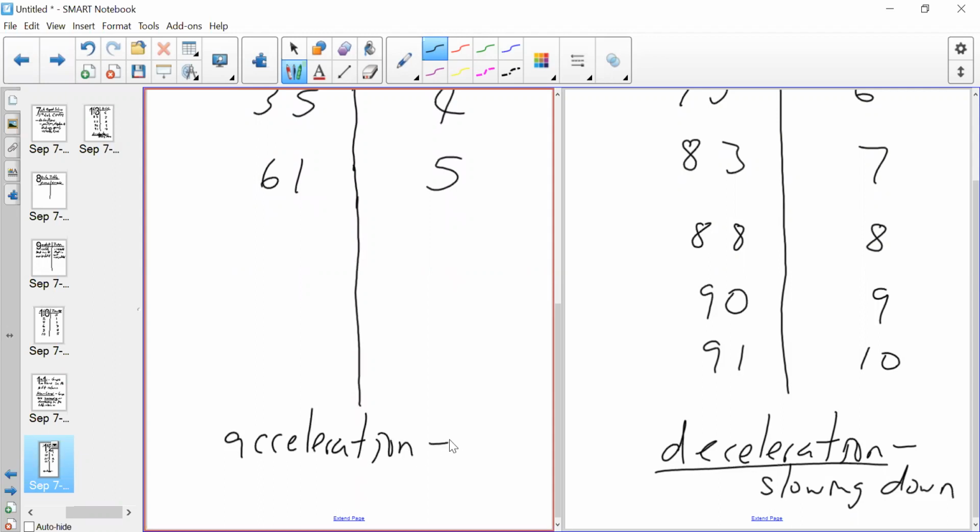We will then see in time that there are three types of graphs that we're going to be graphing. There's going to be a position time graph leading to a velocity time graph to an acceleration time graph. If we have a case of either acceleration or deceleration, we're going to have all three.